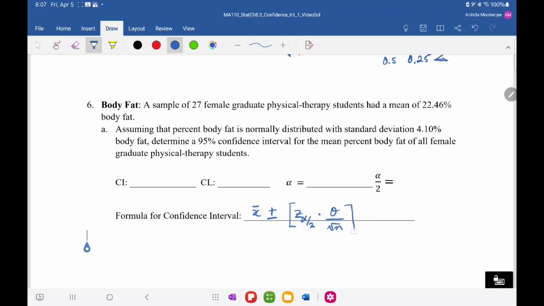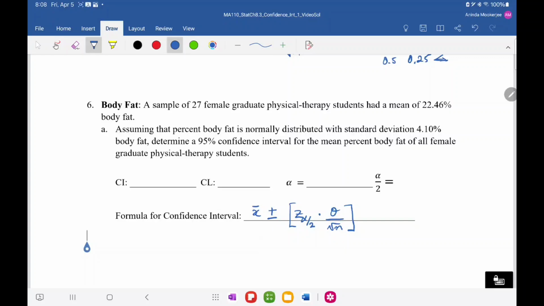Now, if it were a t interval procedure, provided the population standard deviation is not known, then the z would become a t and the sigma would become an s. All right, so let's see what this problem involves. All right, so we have our formula. We need to know the value of x bar. We need to know the value of alpha by 2 in order to find the z value. We need to know sigma. We need to know n. All right, so let's list the values here.